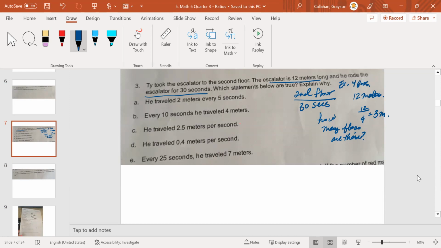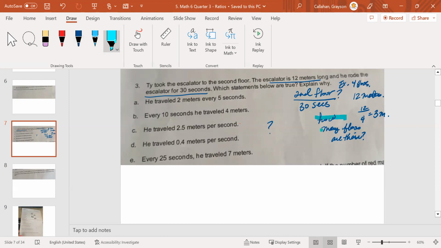If I don't know how many floors there are, I don't know how many meters is on the second floor because I don't know how many meters for one floor. Does that make sense? So I'm going to put a question mark right here until you can ask her how many floors there are.